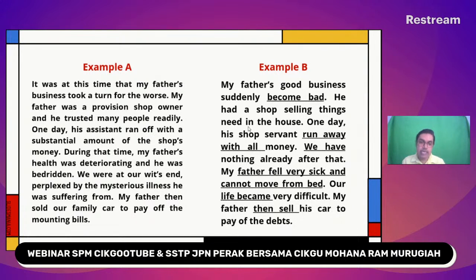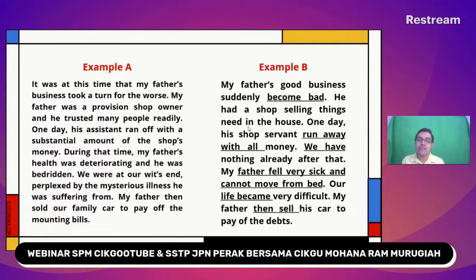So example A is, of course, a good example, an example of an A+ essay. "My father's business took a turn for the worse" uses a phrasal verb. "My father was a provision shop owner," a kedai runcit, as Aaron said, "and he trusted many people readily.